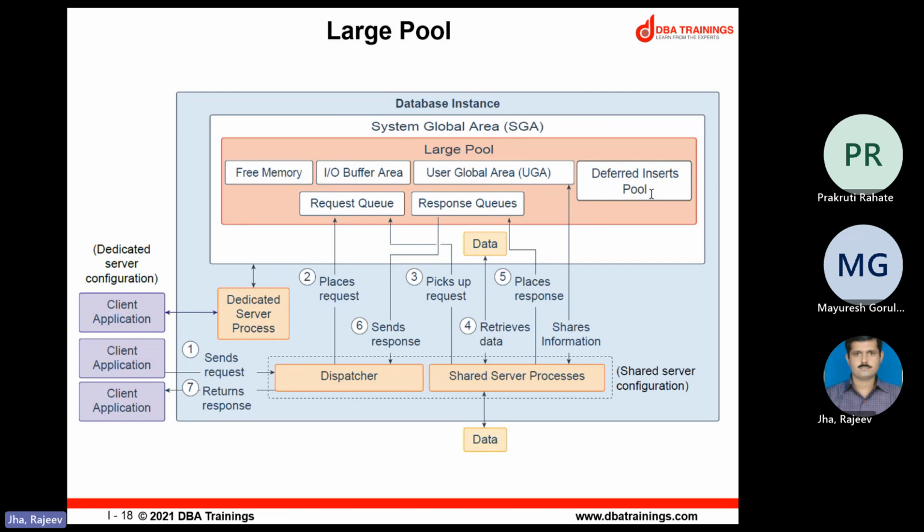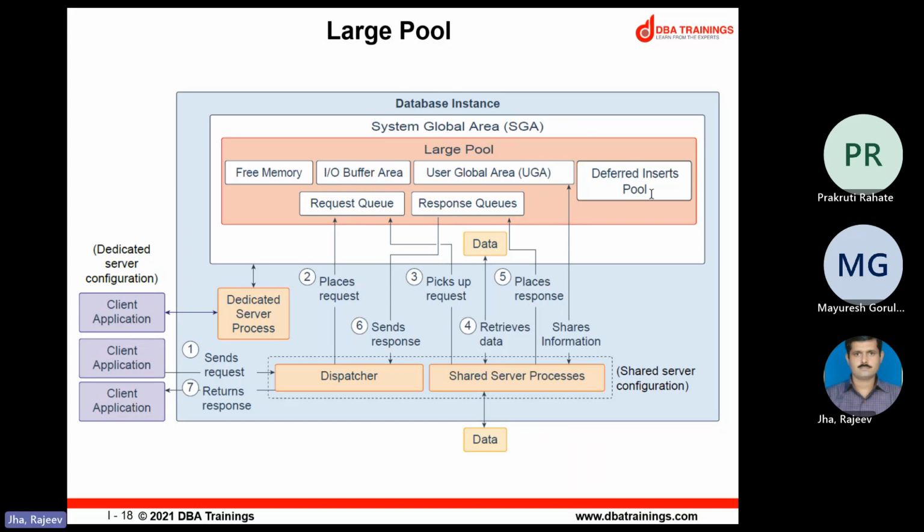Otherwise it is not used. For that there is a background process, SMCO, the space management coordinator. That background process writes data to disk every 60 seconds after 1 MB of data has come. That way it will be used.